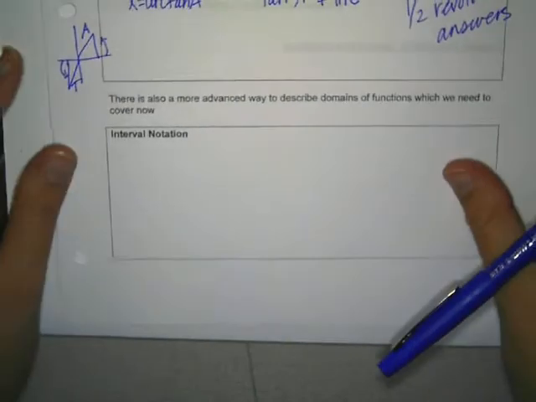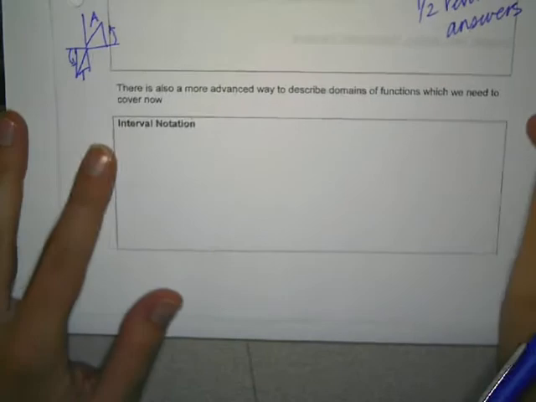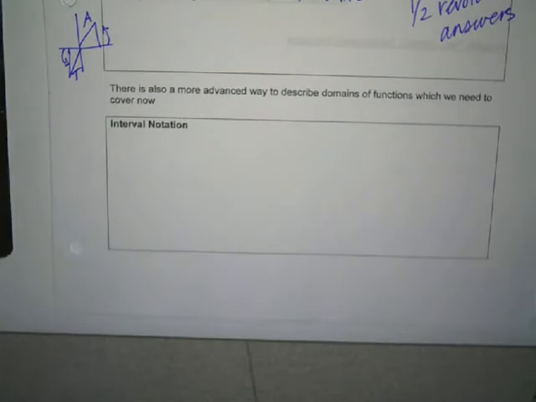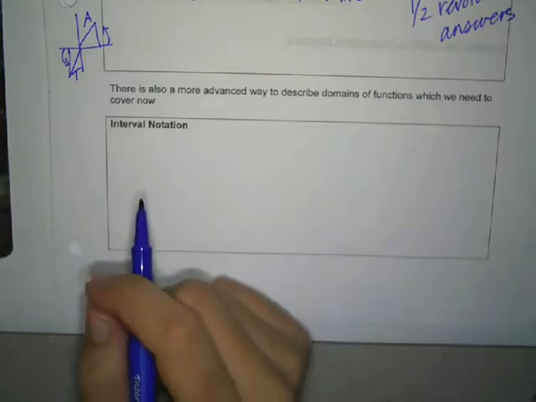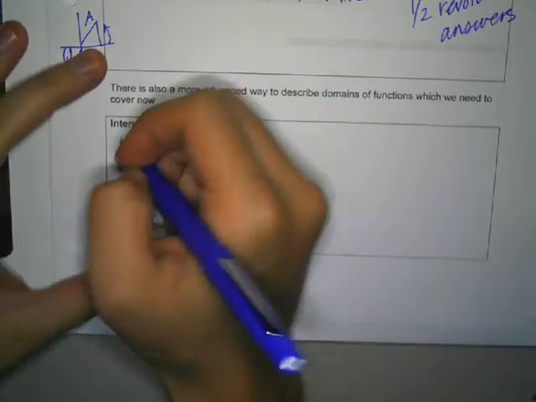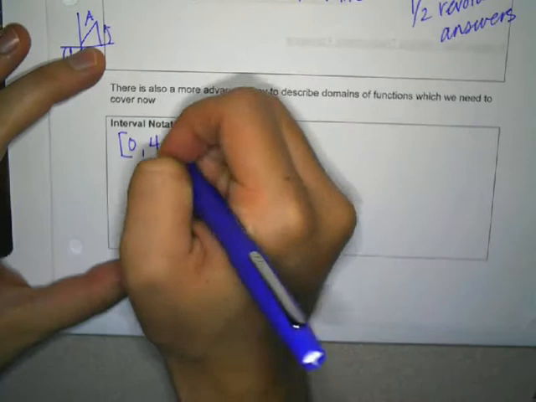Now, for interval notation, I don't think we've talked about this yet, but this is just a different way of writing domains of functions. So I'm just going to write 3 expressions, and then we're going to describe what that means. So if you have brackets, and then it kind of looks like an ordered pair, but it wouldn't be an ordered pair, because it would say something like x is an element of.